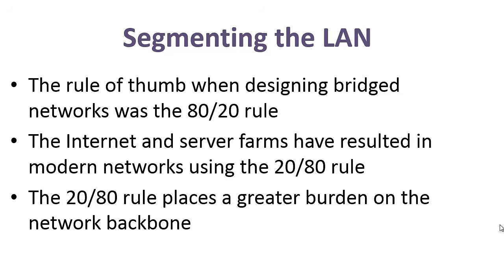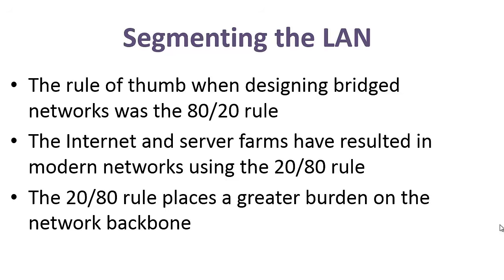Now, in the old days, basic rule of thumb in designing a local area network and wide area network was that 80% of the traffic was going to remain on the local area network. Thus, it was called the 80-20 rule. 80% of the traffic stays local, and you should plan for that. Well, with the advent and with the popularity of the internet and server farms, this has really resulted in the flipping of those numbers.